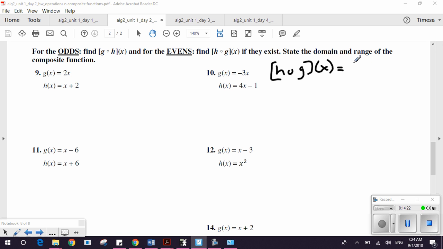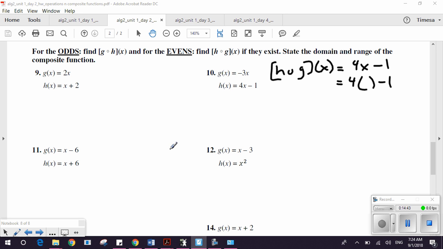The H function reads 4x minus 1. Now I know the gum is going to replace x. So let's write 4 parentheses minus 1 because we need to fill that parentheses with our gum function in just a moment.